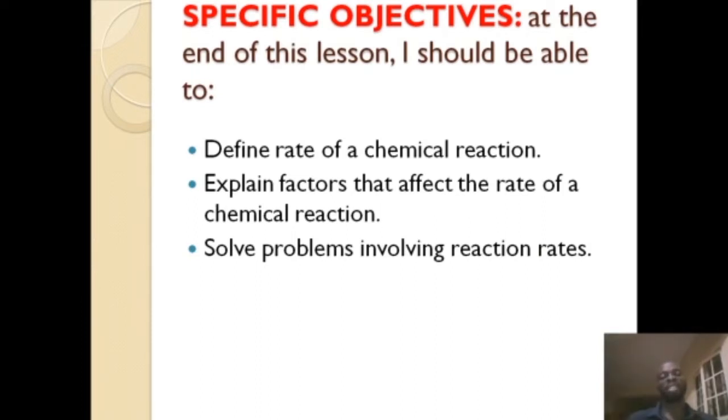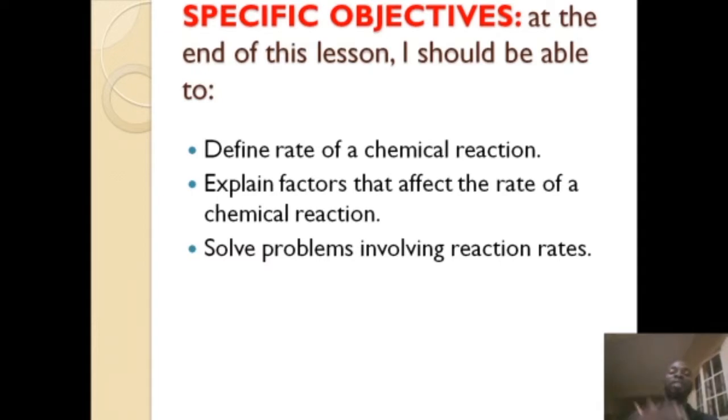That is the rate. The rate is 2 minutes per sachet or one sachet per 2 minutes. So the rate at which something or an event takes place is what we call reaction rate. So for a chemical reaction, we're talking about the time taken for a particular reaction to occur.